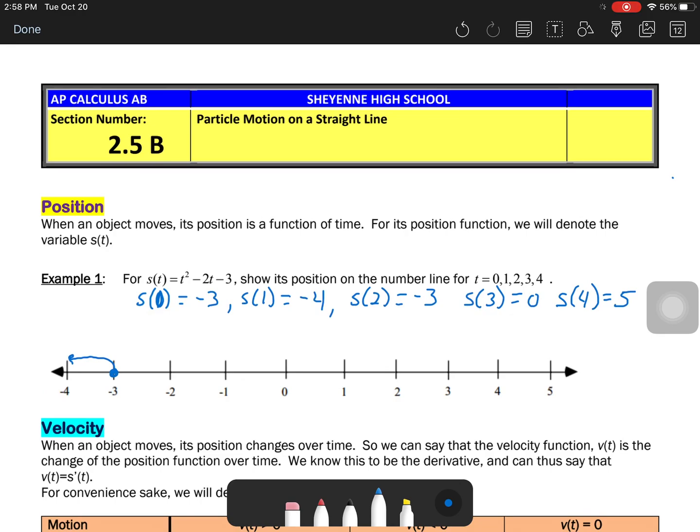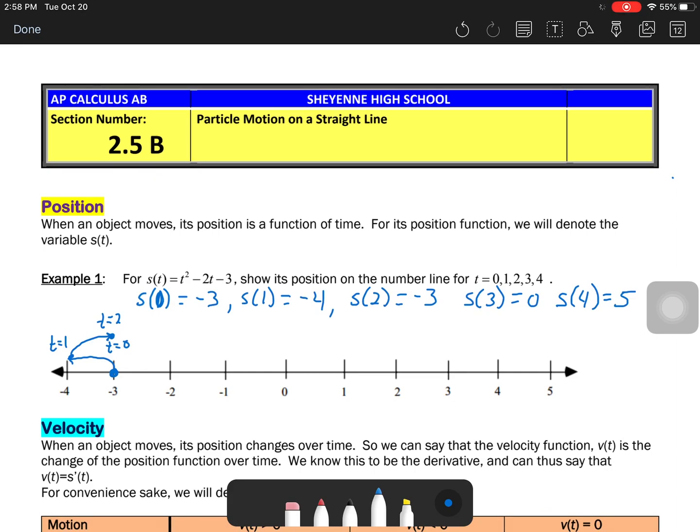Then at time 2, I've gone back to position -3, so at t equals 2 seconds, I'm back to this position right here.